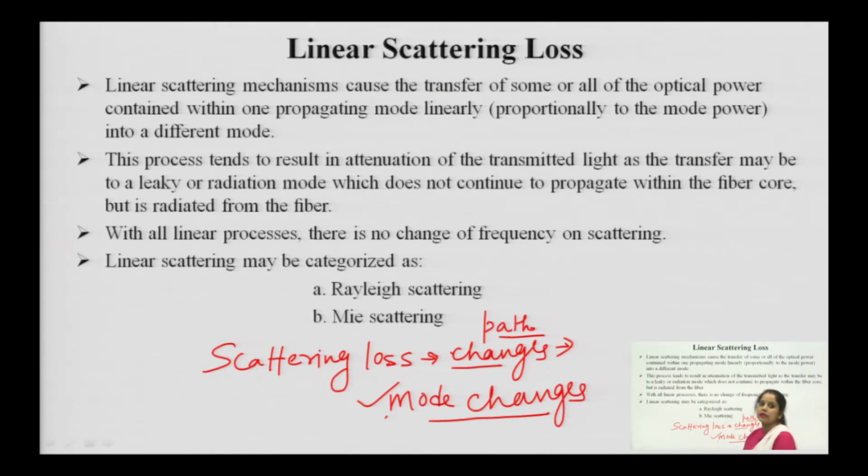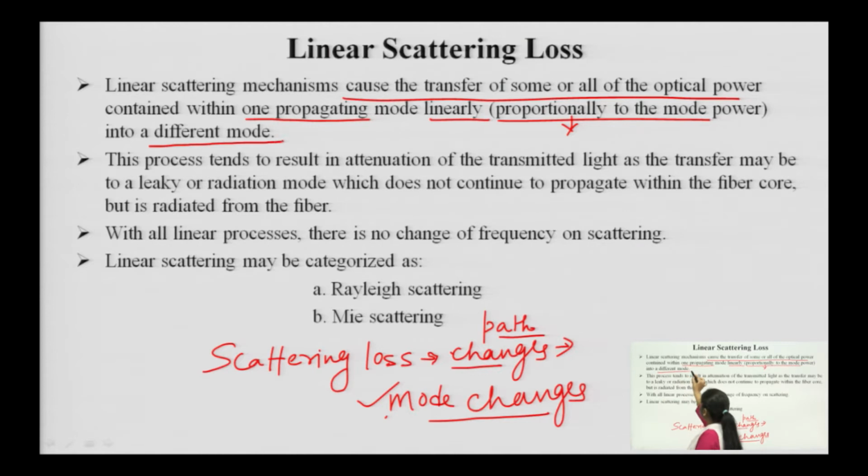So, in this linear scattering loss mechanism, what is going to happen? Linear scattering loss causes a transfer of some or all of the optical power propagating within one mode linearly, as the name indicates, that is, the relationship should be linear between the output and the input, proportional to the mode power, into a different mode.